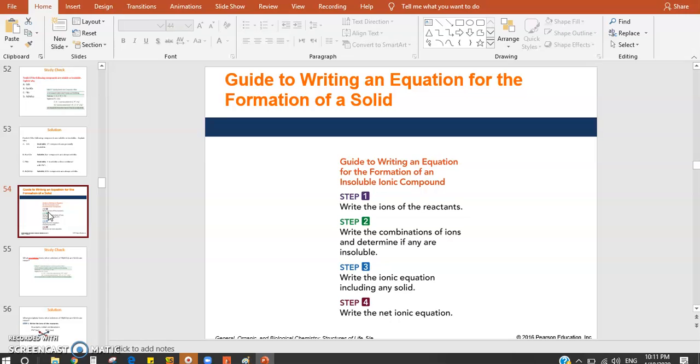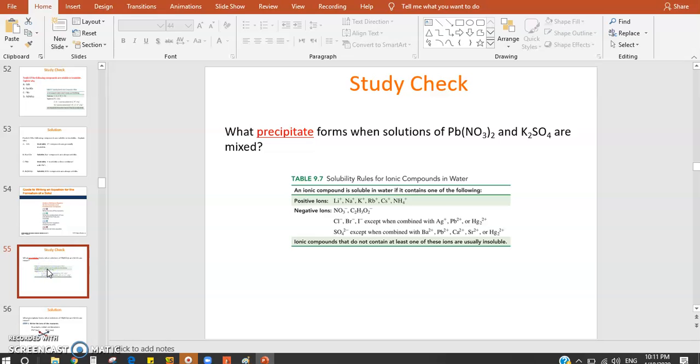How do we write an equation, or how do we determine which molecule will be precipitating? Or what is the solid precipitate that will be formed from an equation? If we have these two solutions, we need to determine the results and which one will precipitate.